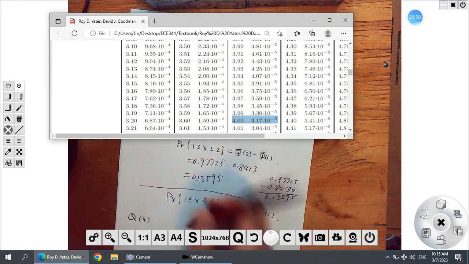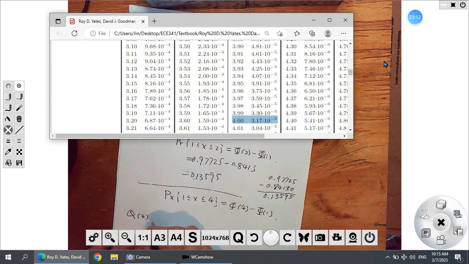So Q4 equals 3.17 times 10 to the negative 5. Okay, this is Q4. Q4 will equal 1 minus phi 4.